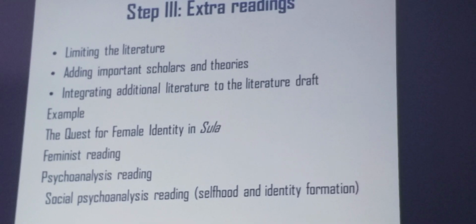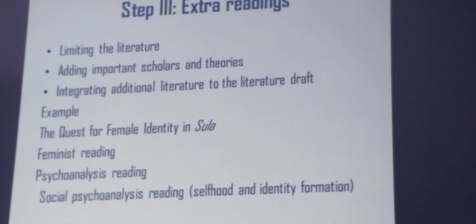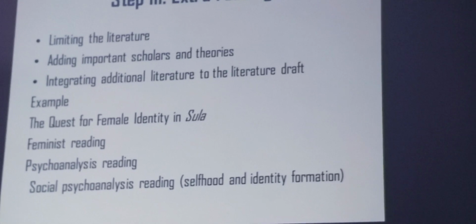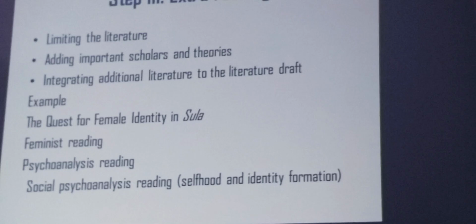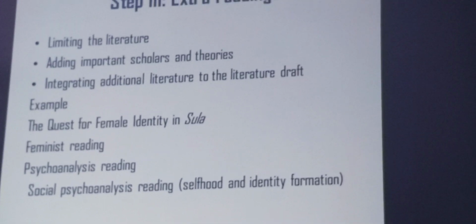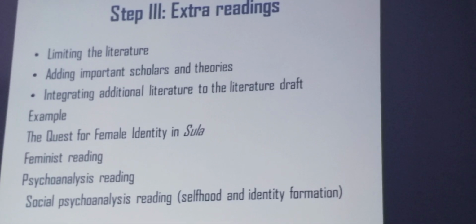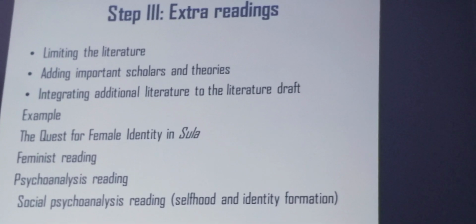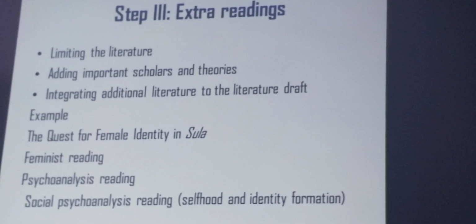Of course, at the first step, when we decided to work on the topic, as you know, we said that we should work with feminist reading. Then, through my readings, I found that it is not enough to work just with feminist reading to analyze the novel. We should work with psychoanalysis, literary criticism, and I also found that it is not enough. We have also to work with social identity theory, and this can't come without extra reading.